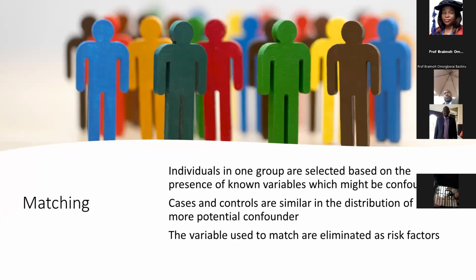So you can no longer go and measure that variable anymore. What you have is that you have cases and controls, or you have intervention and control groups that are really similar in the distribution of that variable, because you've identified that that variable is a known confounder. A typical example is cigarette smoking and maybe how it affects the dentition and the kind of cancers that it causes.